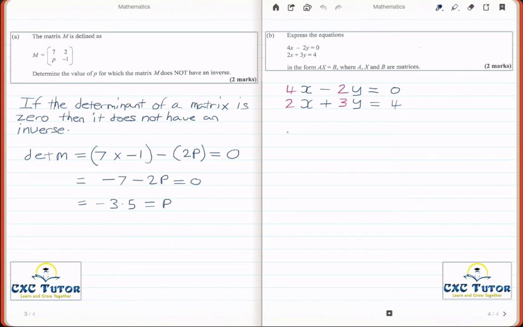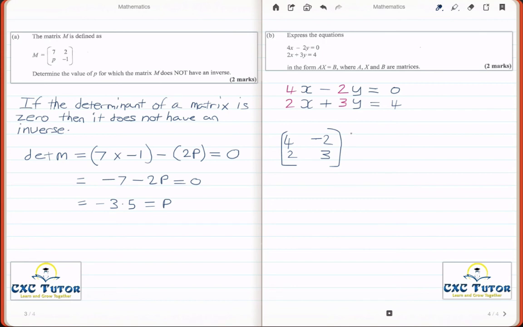So the first matrix will have in it our numbers, that is 4, minus 2, 2, and 3. Now remember, the numbers correspond to x and y. So the first column refers to the x's, the second column refers to the y's.